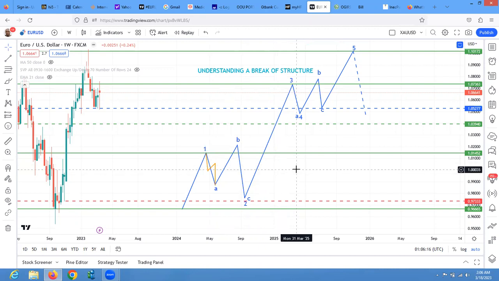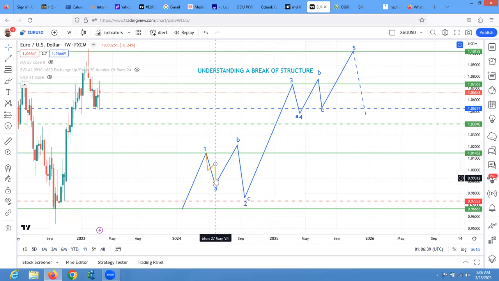Wave C is one of the waves that you can bank on to trade, and from there you can also try to trade the other leg. You can attempt to trade the other leg. And I will explain myself.